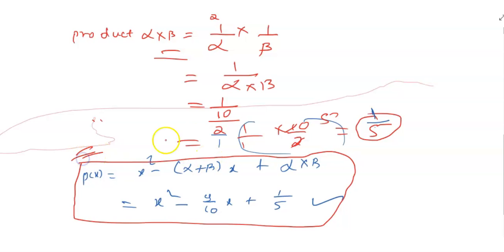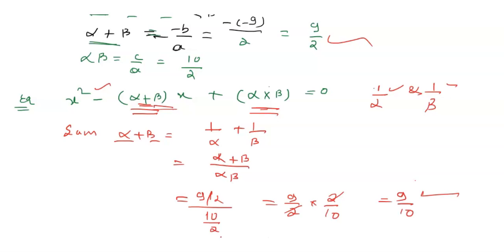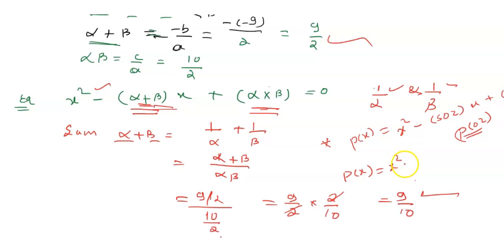Okay, fine. Especially in this video, we did one small mistake. The formation of a quadratic polynomial formula is actually p of x is equal to x square minus sum of zeros x plus product of zeros. This was like this. But what we have done, somewhere I remember we took plus in place of minus.